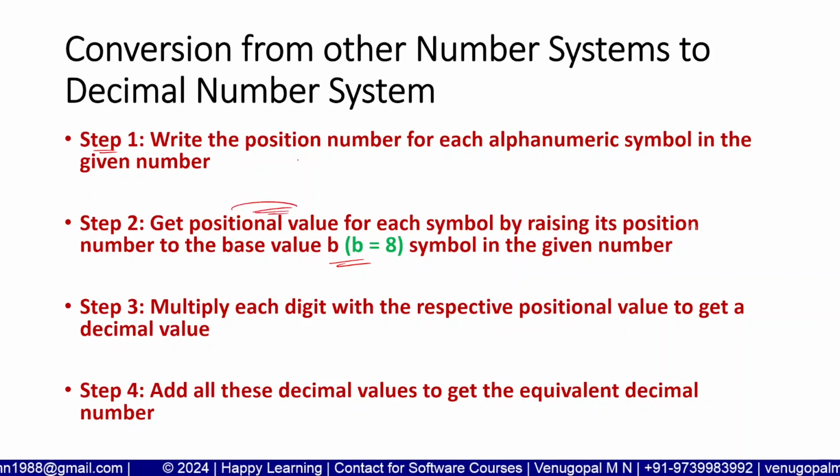Then multiply each digit with the respective positional value, and add all these decimal values to get the equivalent decimal number.